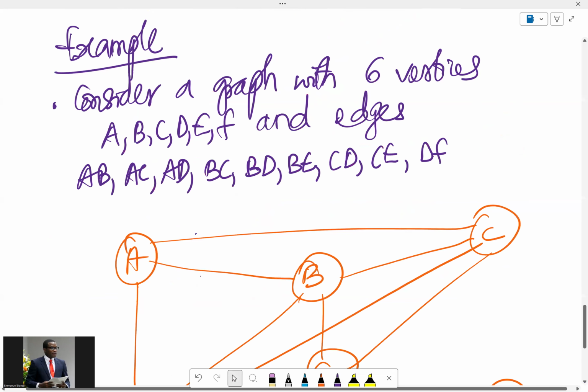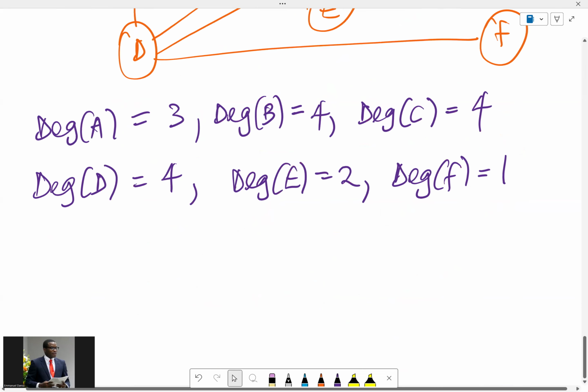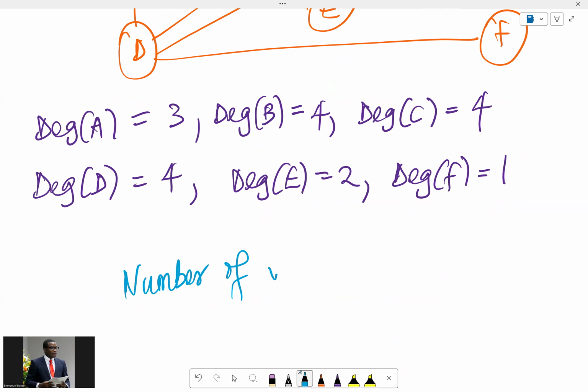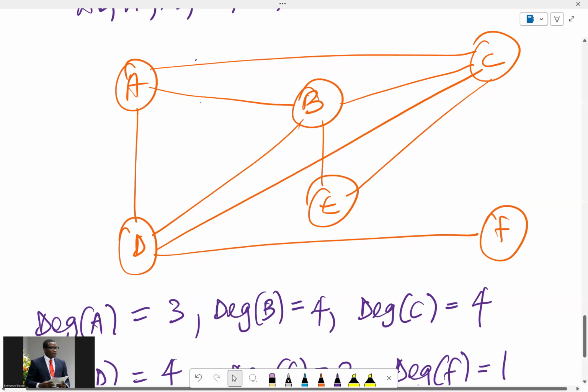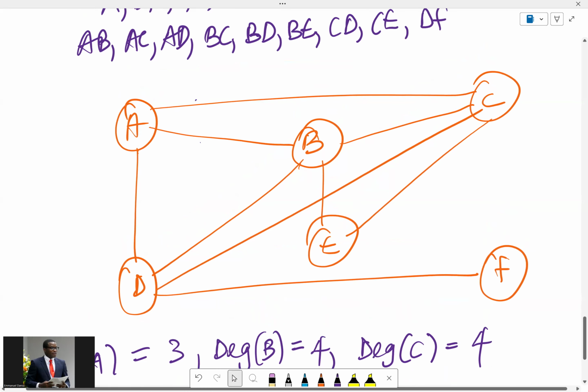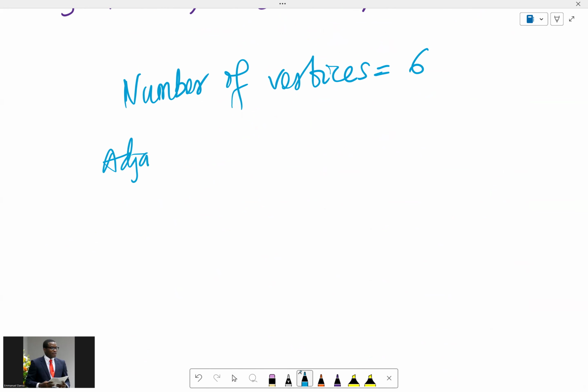First of all, we know the number of vertices is 6: A, B, C, D, E, F. Then the next thing is, what are the non-adjacent vertices? Non-adjacent vertices are those that don't have a direct connection between themselves. The pairs of non-adjacent vertices are what we want, so let's do that.